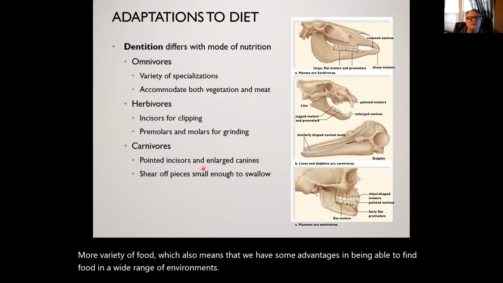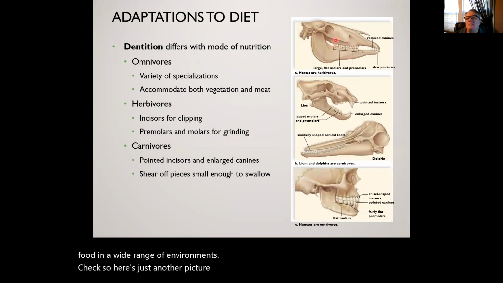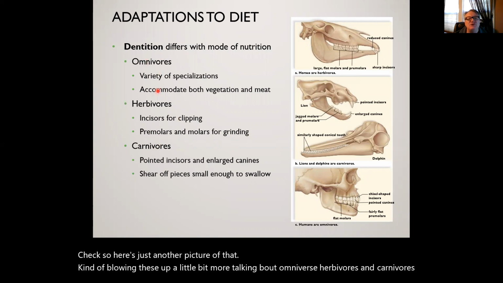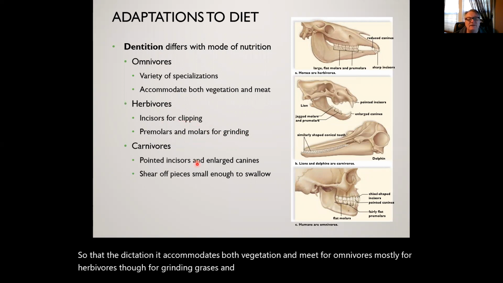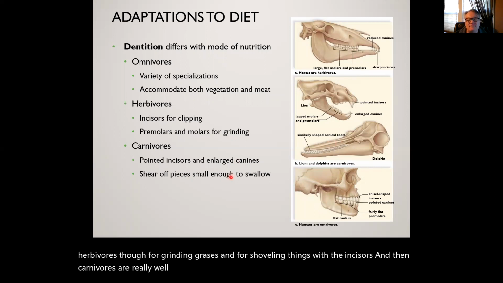Okay, so here's just another picture of that, blowing these up a little bit more, talking about omnivores, herbivores, and carnivores, so that the dentation accommodates both vegetation and meat for omnivores, mostly vegetation for herbivores, though, for grinding grasses and for shoveling things with the incisors. And then carnivores are really well designed for pulling apart flesh into small enough pieces to swallow.